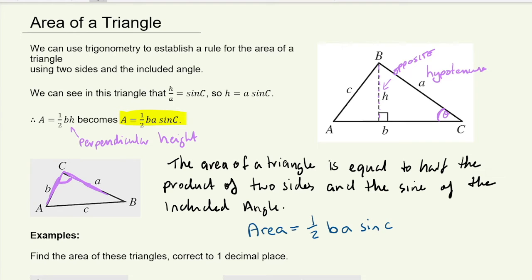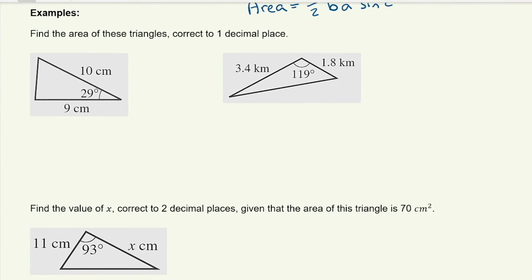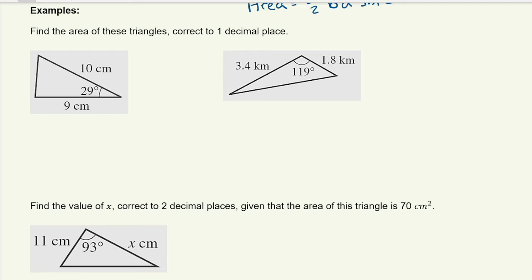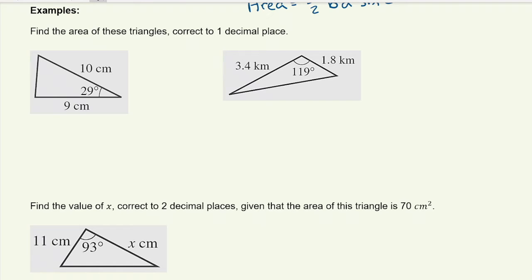Let's check out a couple of examples before we get into some practice questions. Okay, so find the area of these triangles correct to one decimal place. So let's start with our formula. Alright, so A equals a half B A sine C. Let's label our sides.